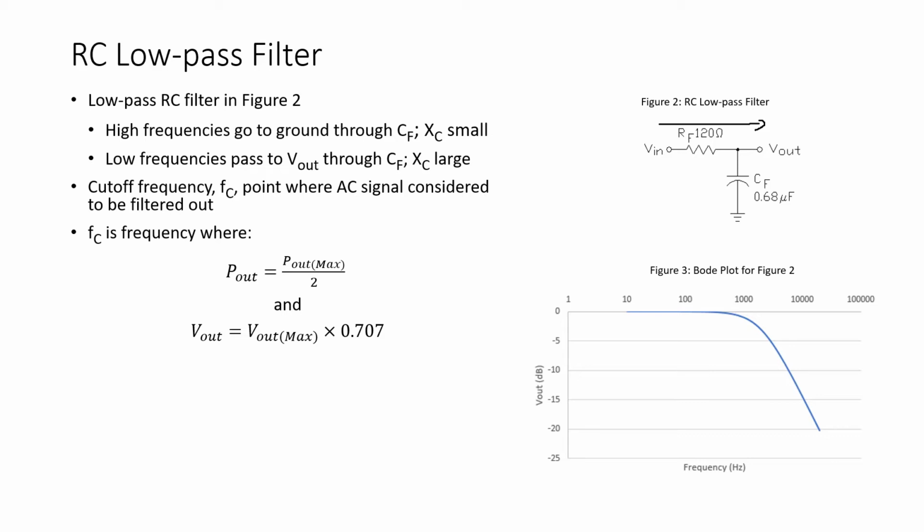The output voltage drops to 70.7% of the maximum output voltage. And this is the -3 dB point. Looking at the graph, we can see that at -3 dB, this is the cutoff frequency right here, which is approximately 2 kHz.